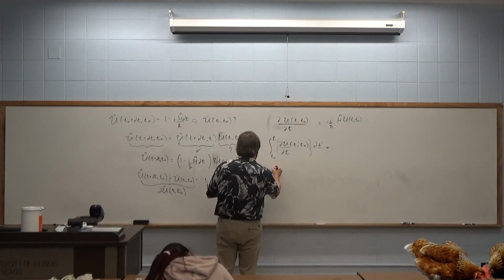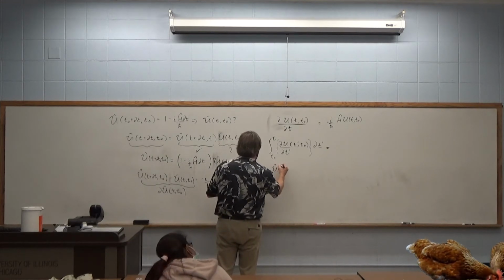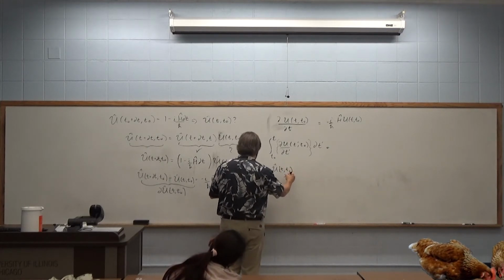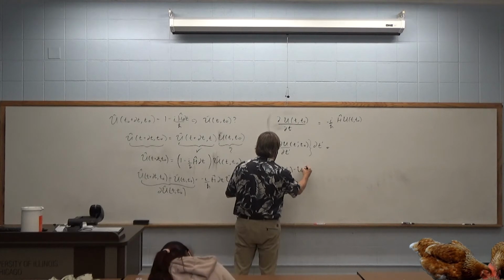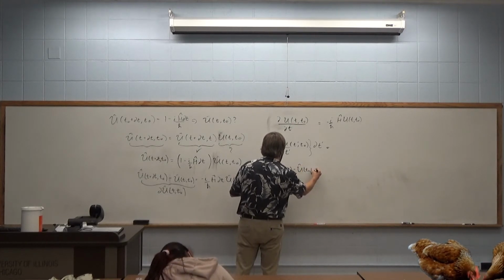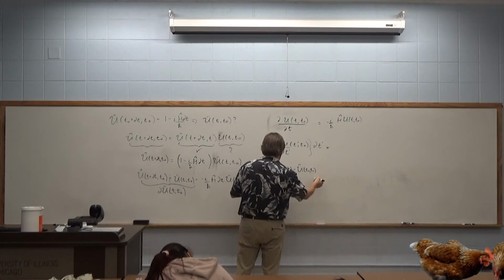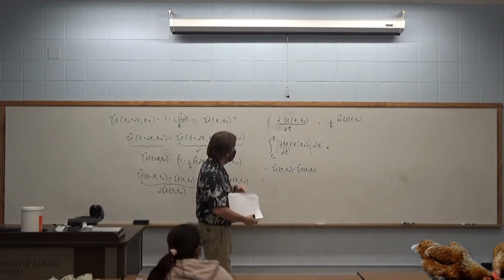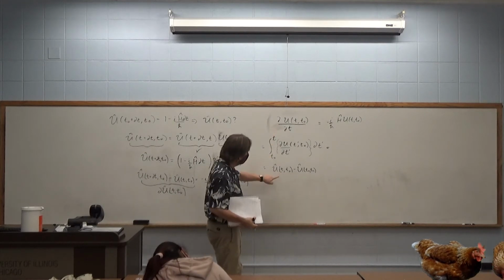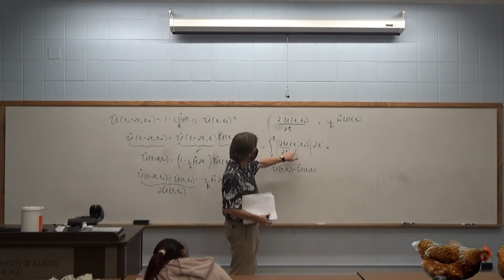Okay, so this will be u of t naught minus the operator at t naught. Here. Okay, does this make sense?